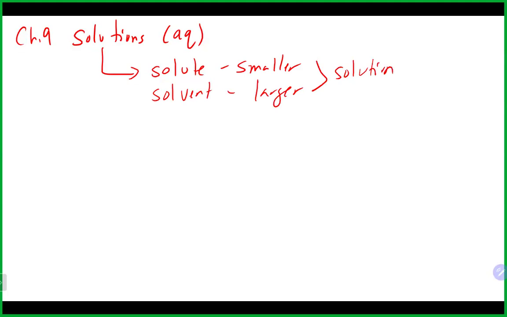And again, an example like we talked about last time is you have H2O, which is a pure substance or a pure liquid, and you put it together with some sodium chloride. That salt will dissolve in the water and it will make a sodium chloride solution that is aqueous. And again, that is the difference between something that has the L symbol or liquid symbol and something that is aqueous.